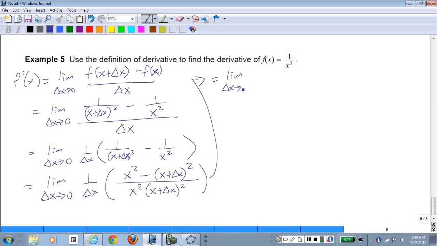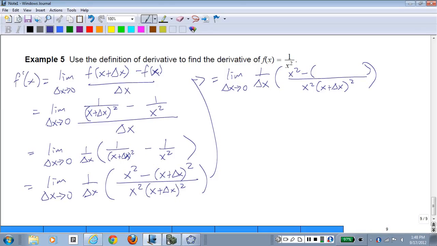So this equals the limit as delta x approaches 0 of 1 over delta x times x squared minus, and kind of important here, we're subtracting a quantity that we're about to simplify. It's already multiple terms, but it's going to become a trinomial.